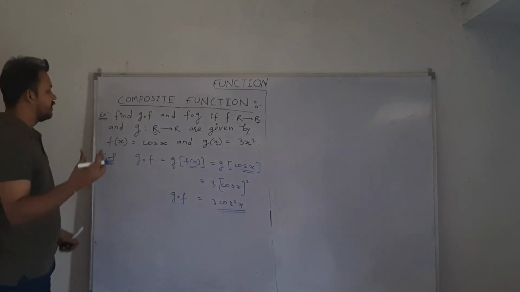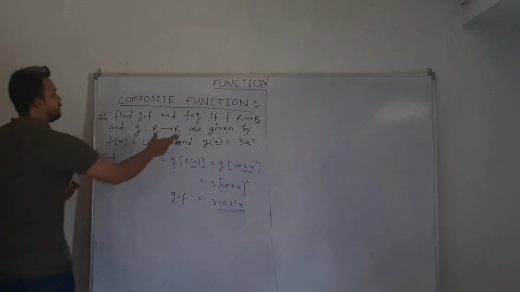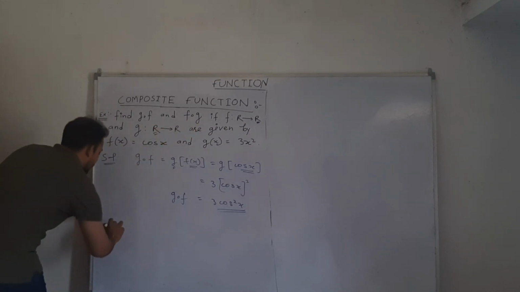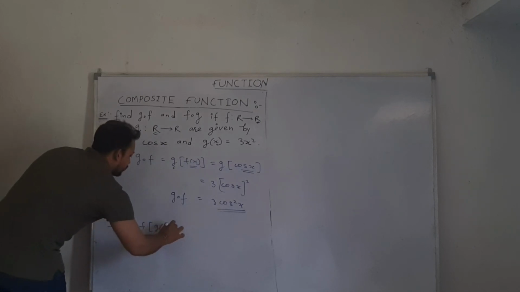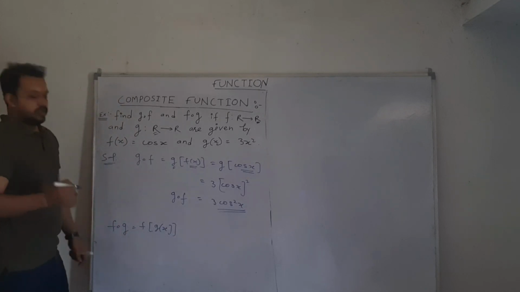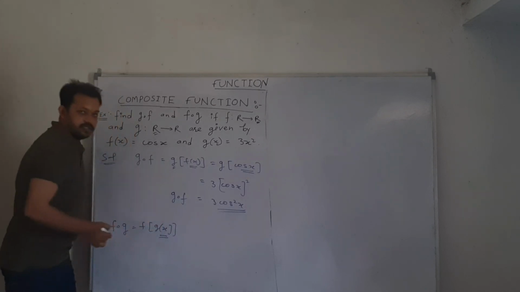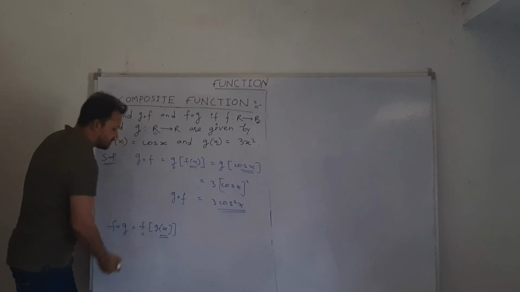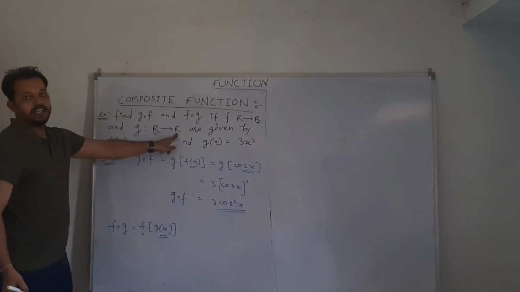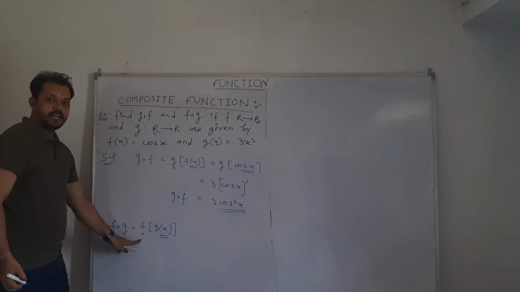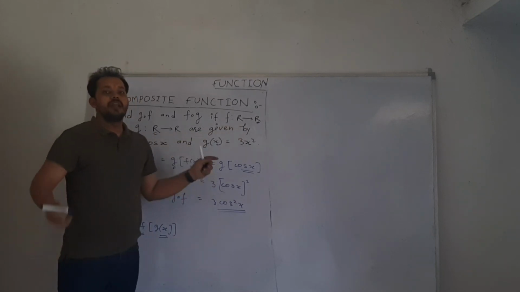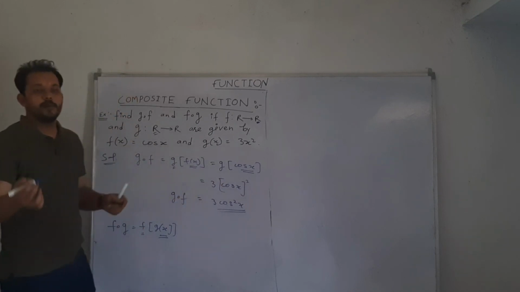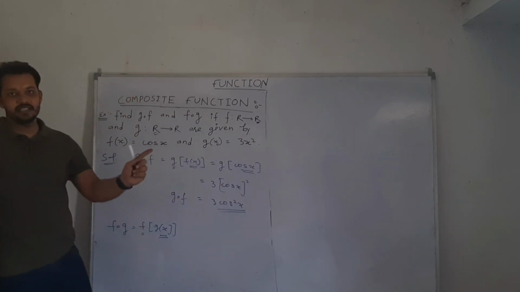In the same way, we will define composite function FOG. Now FOG means f of g(x). Now we will check that the range of function g(x) must be a subset of the domain of function f. Range of g(x) is real numbers. Domain of the second function f is also real numbers. They are both equal. Hence the composite function FOG is defined.